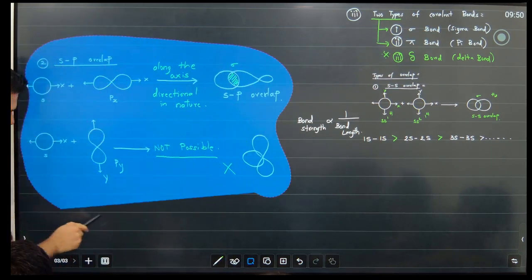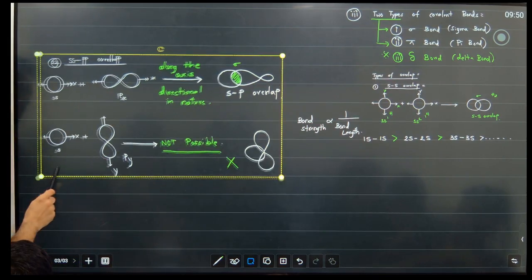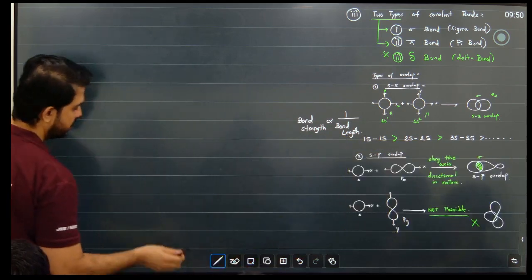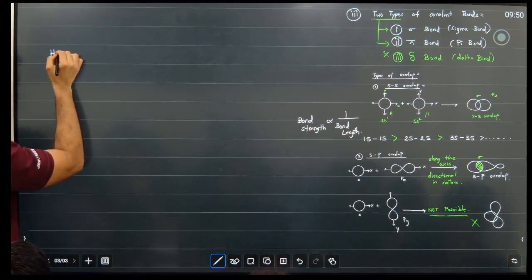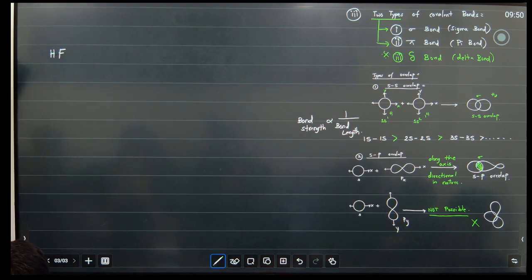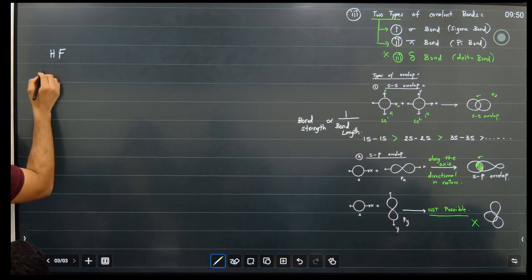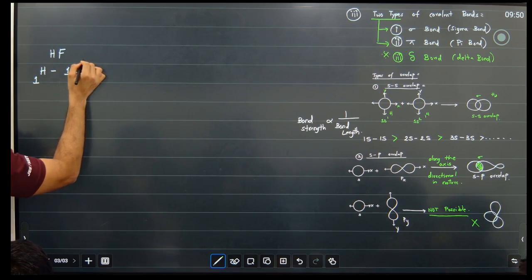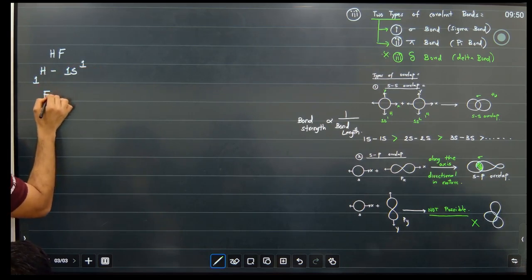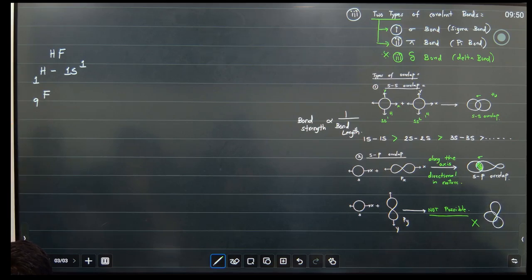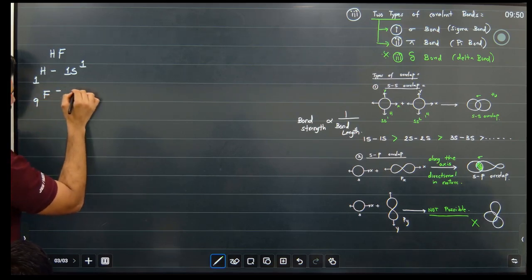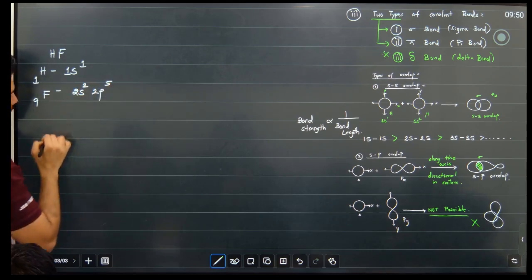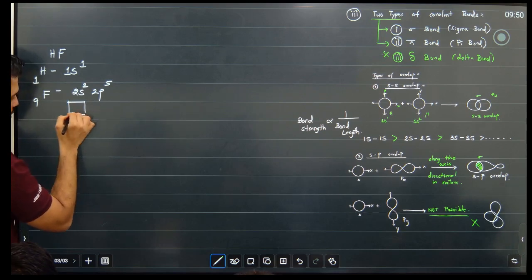Now sp overlap helps us understand the formation of molecules such as hydrogen fluoride. इसमें first is hydrogen, atomic number 1, electronic configuration क्या people, and fluorine atomic number 9, electronic configuration, last shell में 2s2 2p5, so 2s has 2 electrons.